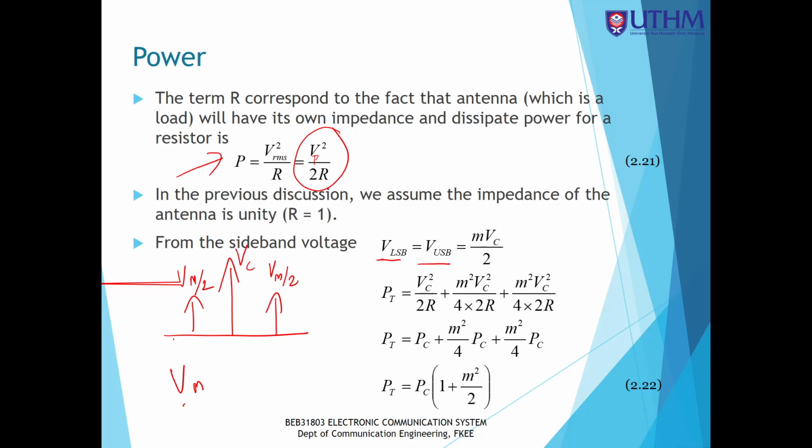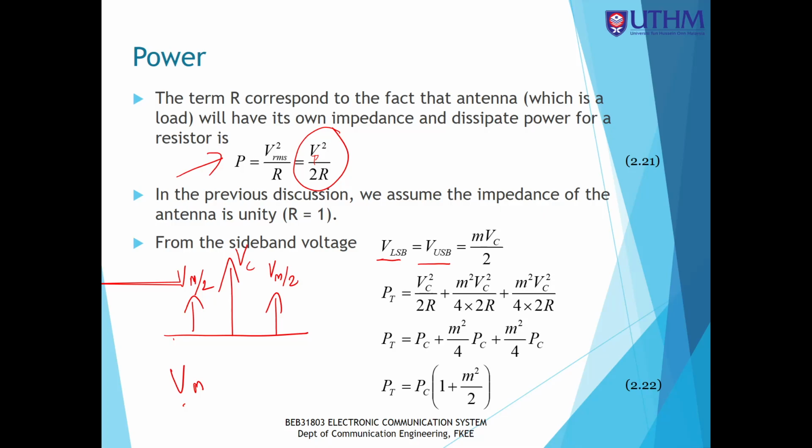The carrier power is equal to VC squared divided by 2R. And then the power for the lower sideband, for example, is V squared over 2R. That means M squared VC squared over 4, divided by 2R. So M squared VC squared divided by 4 times 2R.